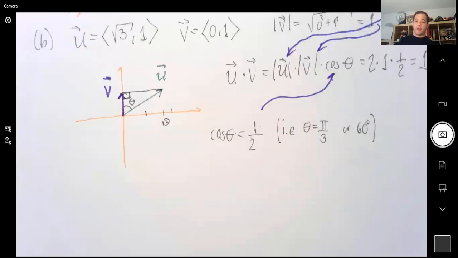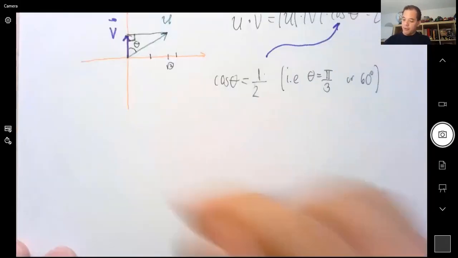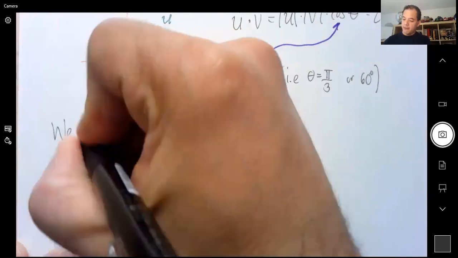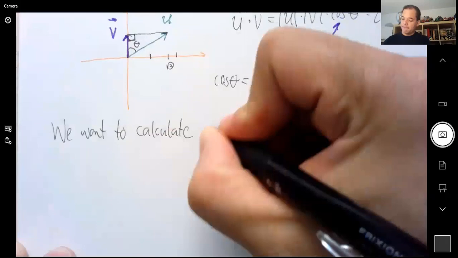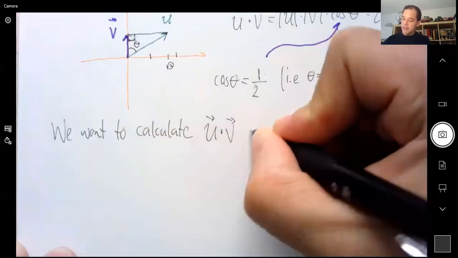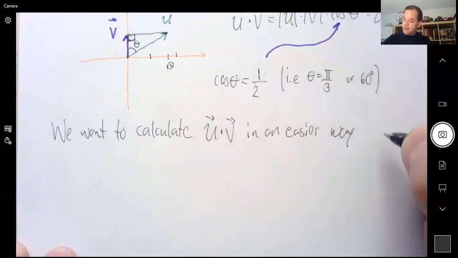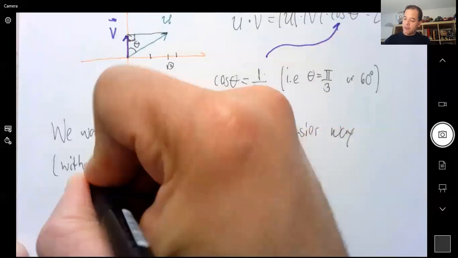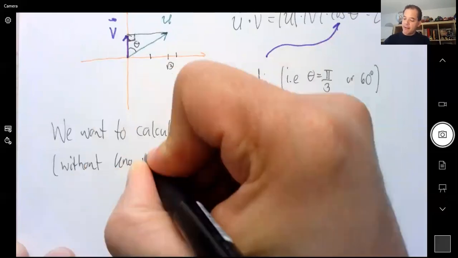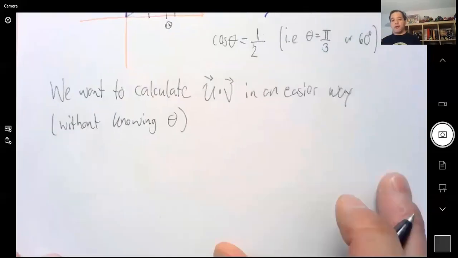Here's what we want to do: we want to calculate the dot product in an easier way, without knowing theta. That's really the issue, right? So how are we going to do it?